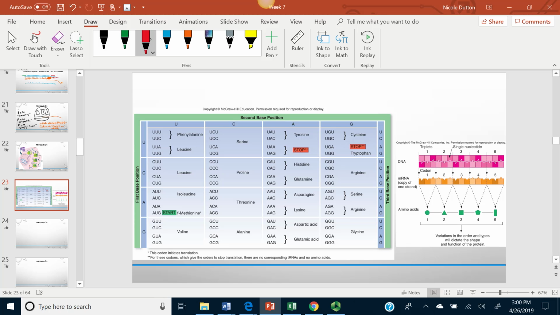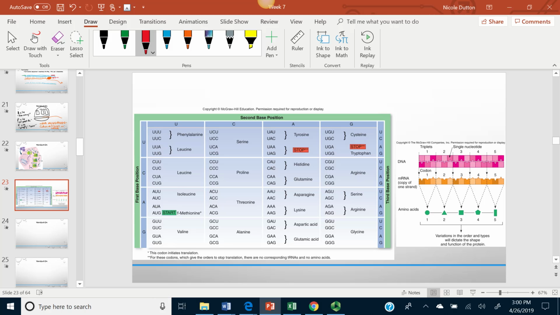UUU codes for the amino acid phenylalanine. So if our messenger RNA said UUU, we would incorporate the phenylalanine amino acid. If the next 3 letters were CCU, we would incorporate the amino acid proline. If the next 3 letters were CAA, we would incorporate the amino acid glutamine, and so forth.